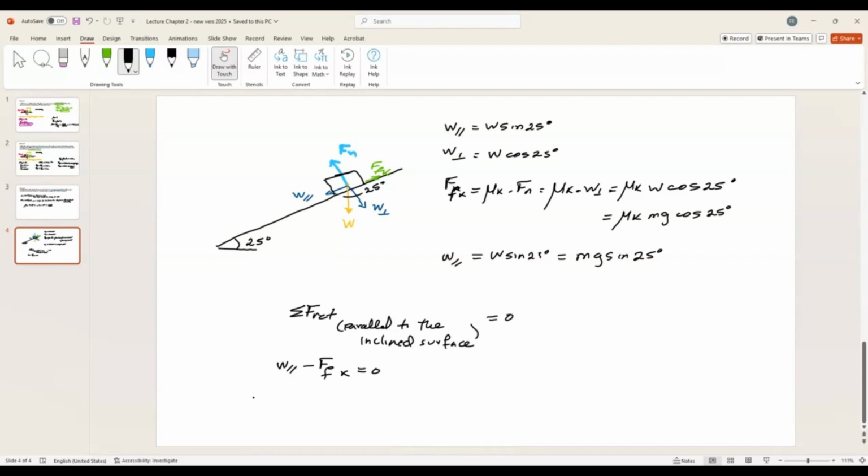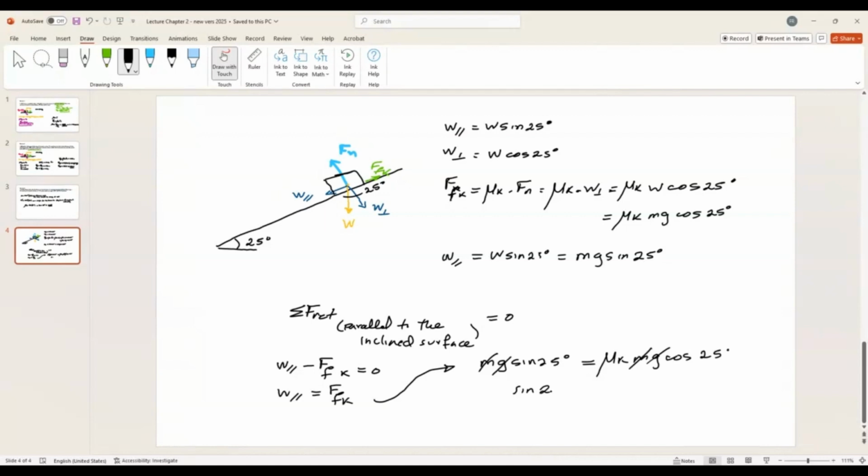So we can now substitute. First, we say that W parallel is equal to the force of kinetic friction. What is W parallel? Mass gravity sine of 25 degrees equals, what is the force of kinetic friction? Mu sub k mass gravity cosine of 25 degrees. Mass and mass cancel out, gravity with gravity cancel out.